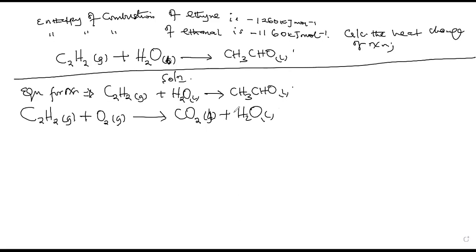Is the equation balanced? No. Carbon 2, carbon 1, put here 2. Oxygen is 2, but these ones are 4, 5. So we shall put 5 and we divide by 2 to eliminate these 2. What else? Yeah, it is like that. So this will give us the DH1, which is -1260 kilojoule per mole.